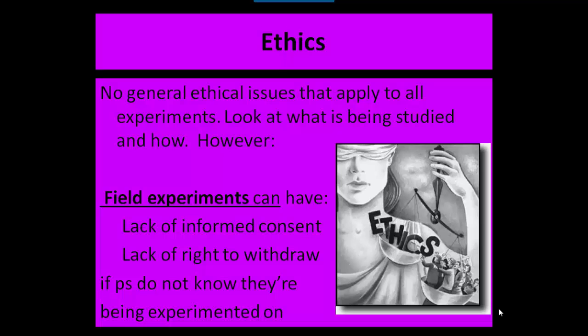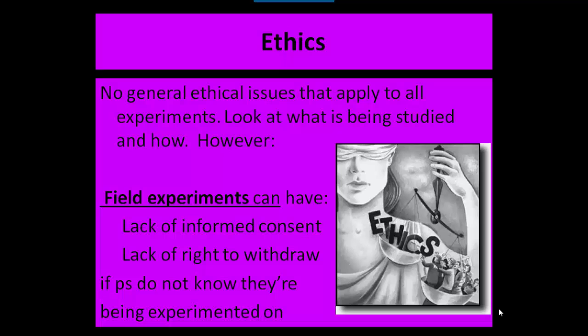Obviously, this can be an issue in lab experiments as well. It's more difficult to get participants into a lab without them realising that they're taking part in an experiment. So they know they're taking part in it, but we can have the lack of informed consent and the lack of right to withdraw if we don't tell them what the specific aims of that lab experiment are.